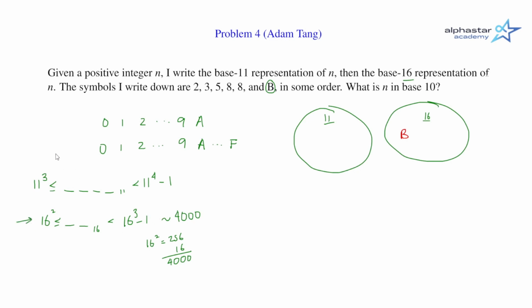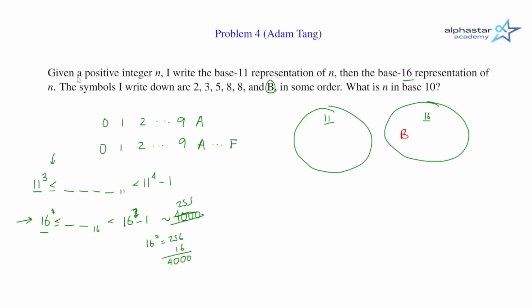This number is 11 cubed, so that's 1331. So there is a possibility, but this number would have to be really big. Or sorry, this would be 16 squared minus 1, so that's only 255. We can see that a 2-digit base 16 number is definitely not as big as this. So for sure, the base 16 number has to have 3 digits, and so it is the base 11 number that has 4 digits.